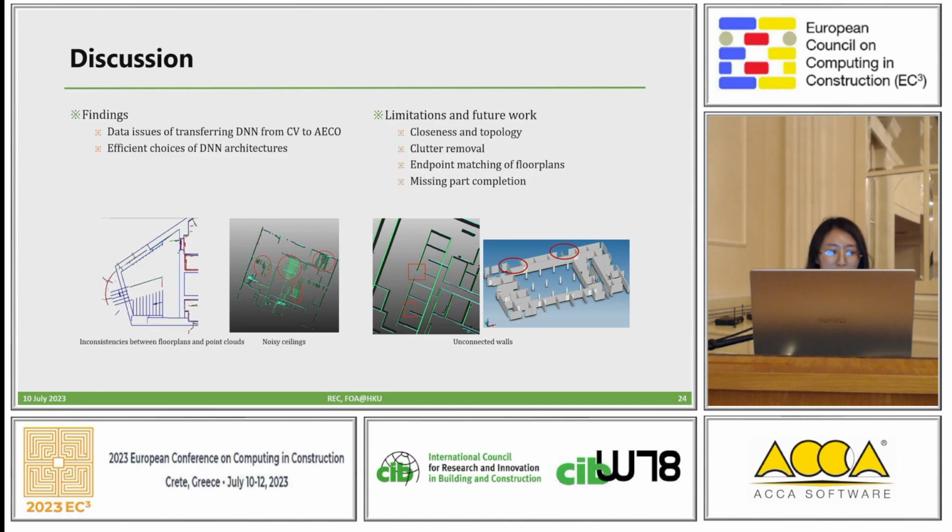We may also think that we can do the whole automatic scan-to-BIM in an end-to-end way, so we may not need to design very specific steps. We may fit all the data into the net and then come up with a satisfying BIM model. This could also be possible, but maybe specific design is needed.